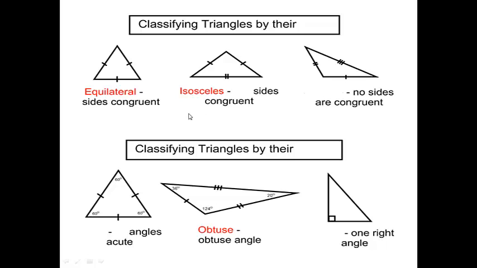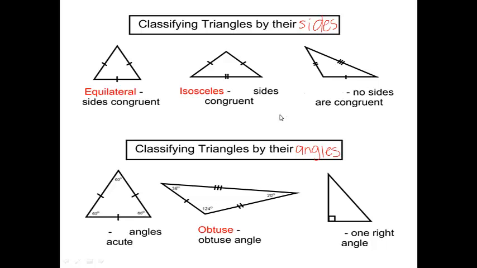The first thing that we need to do is define how to classify triangles. We classify triangles by their sides and by their angles. Sometimes I tell kids, and this might help a little bit, that I compare this to a name.